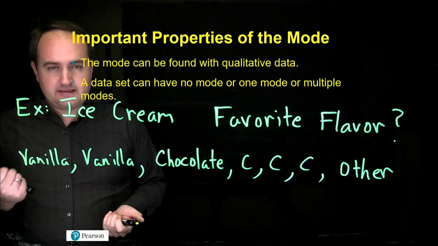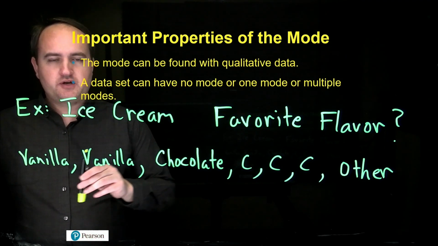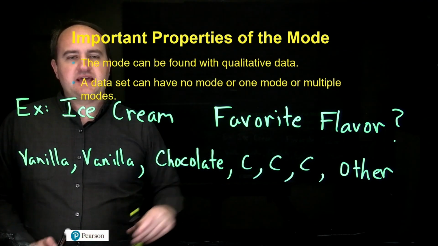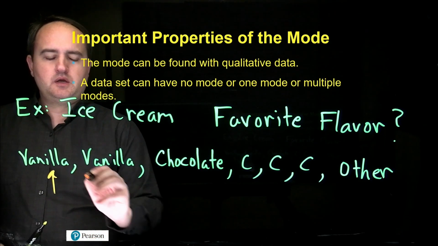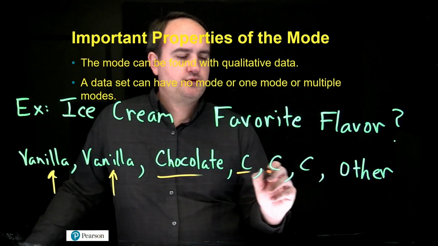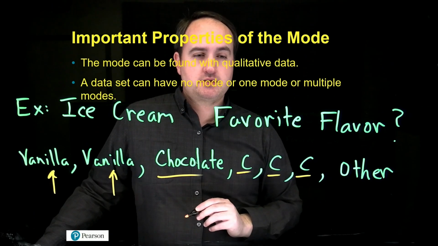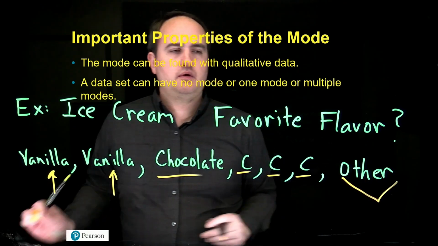Categories are names or labels. And you can actually find the mode here because you just look at the frequency of each category. So here we can see that there are 2 vanillas. There are 1, 2, 3, 4 chocolates. And then there is 1 other.